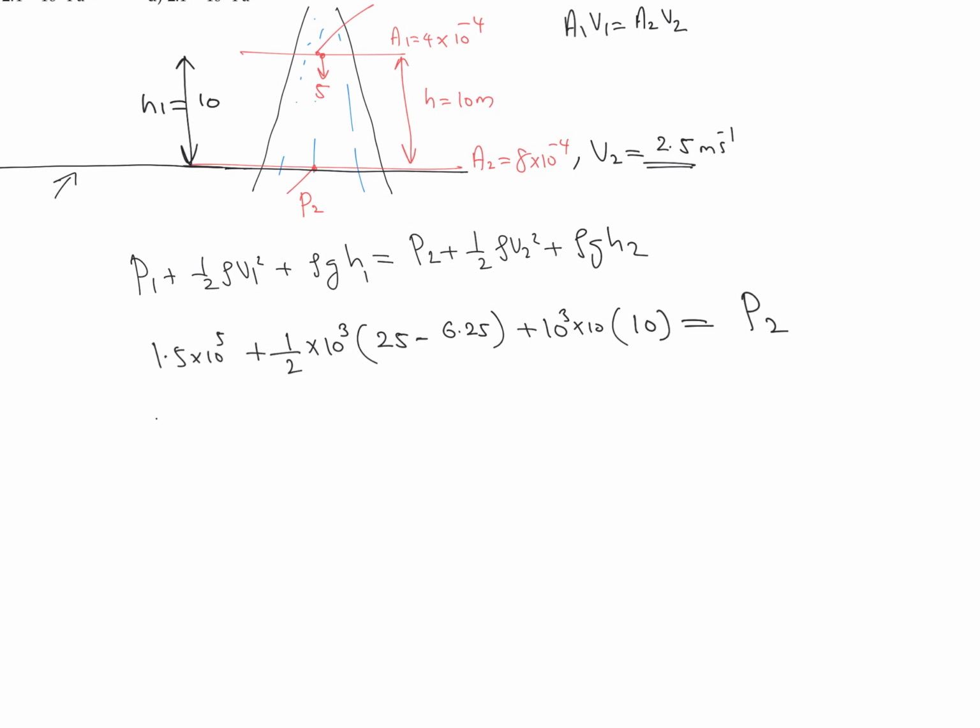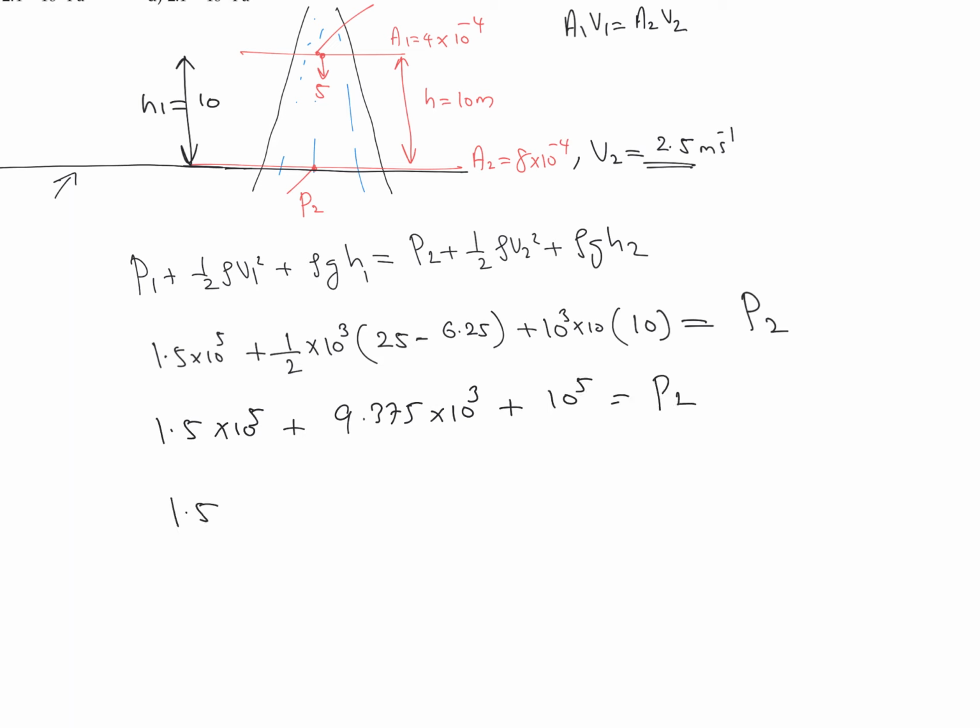So we can write this as 1.5 into 10 raised to 5 plus 25 minus 6.25, which is 18.75, divided by 2 will get us around 9.375 into 10 raised to 3, plus this we can take as 10 raised to 5, is equal to the value of P2.